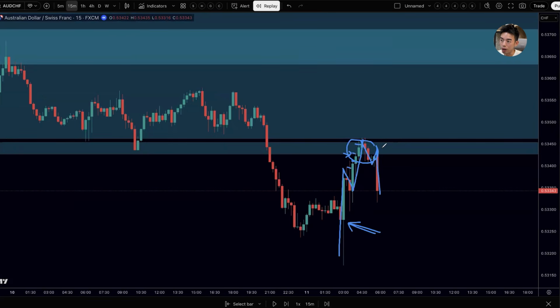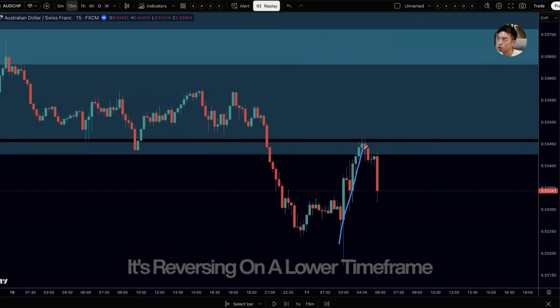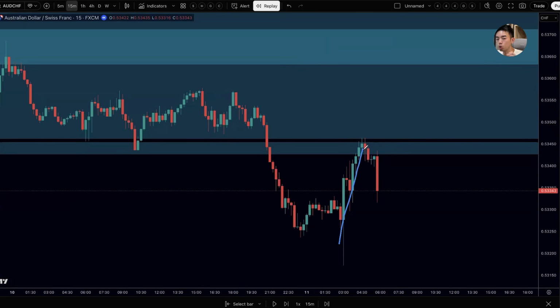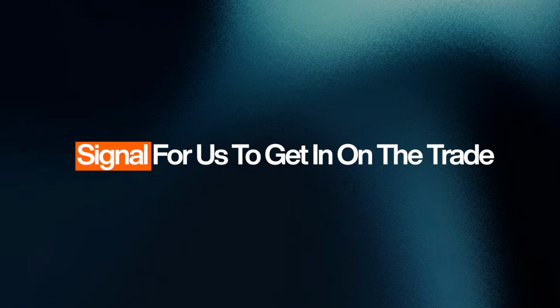That's telling you that even on the lower time frame uptrend, which will look like a huge uptrend, this area right here is turning around and reversing. Usually things reverse on the lower time frame first, and then that becomes a signal for us to get in on the trade.